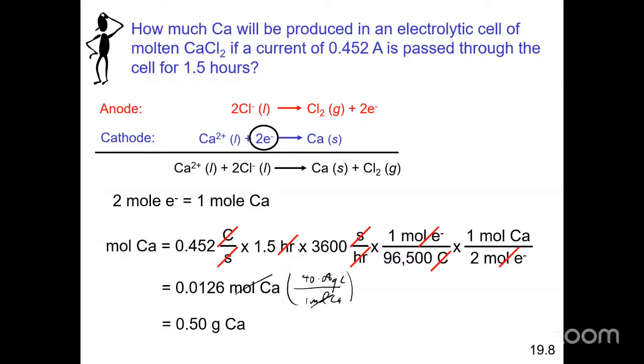And that will give you the mass in grams of calcium. All right? Okay. Any other questions about this? All right.